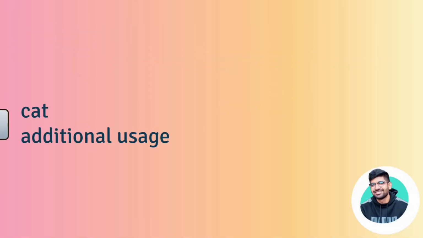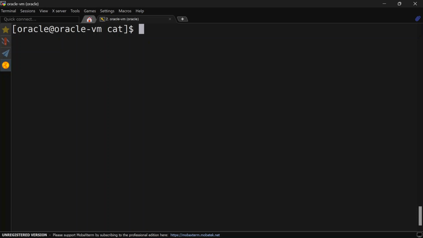Let us see some additional usage of the cat command. You can create a file with redirection. So let us try that. Here I'm going to use the cat command, and I will redirect it to a file, that is file.txt. And when you press enter, you'll have to add the content.